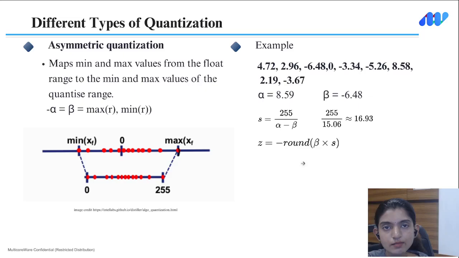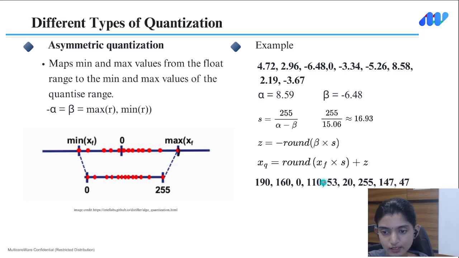Apart from symmetric quantization, here we have something called the zero point offset. It is calculated as beta multiplied by the scale factor, rounded off. Finally, to get the quantized data points, we round off the inputs multiplied with the scale factor, which is similar to symmetric quantization, and an extra addition of the offset needs to be done. So this is the final result.